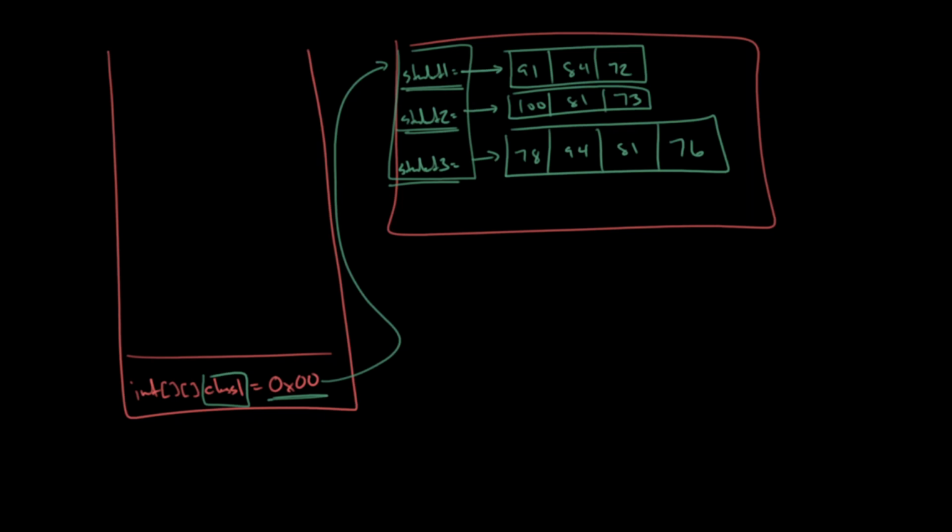And the thing is, though, generally speaking, we will not create double arrays that are not what we call rectangular. So this is what's called a ragged array. The first array in here has 3 items, the second one has 3 items, and the last one has 4 items. Generally speaking, what we're going to focus on are arrays that have the same number of items in each row.